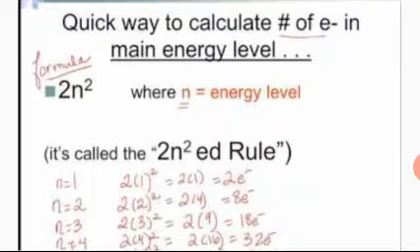Quick way to calculate the number of electrons in main energy levels. These shells are also energy levels, and this is calculated by the formula 2n squared, where n is the energy level. If K shell, then n is 1.